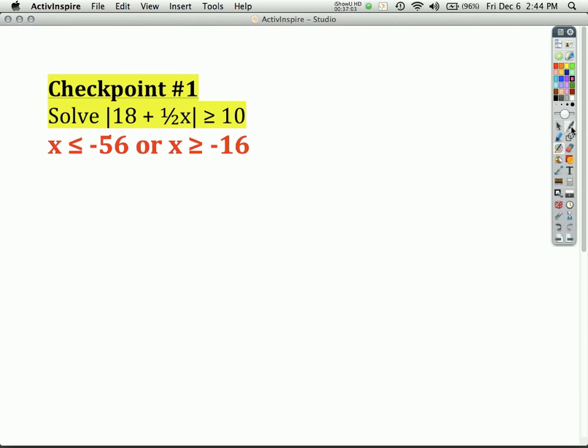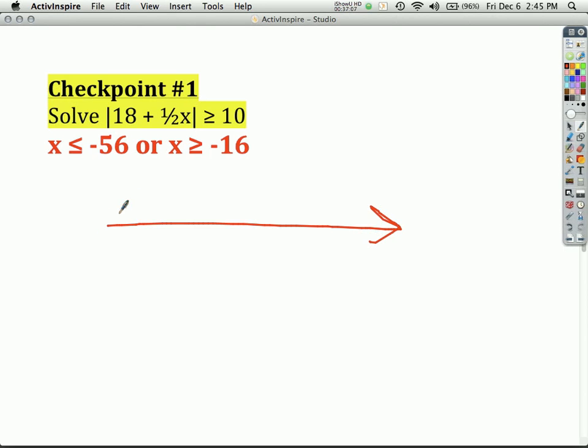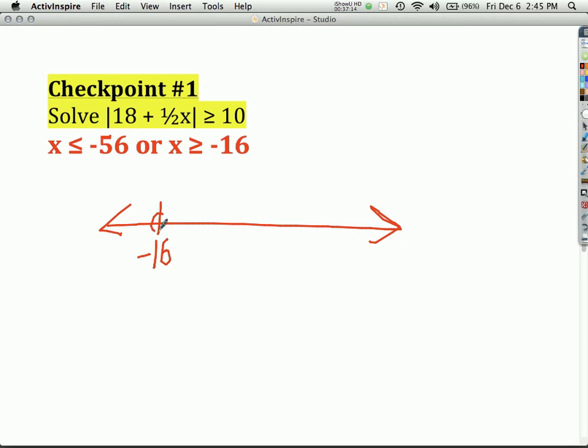You said x is greater than or equal to negative 16, which is shaded this way. And then you said x is less than or equal to 56, and 56 would be all the way over here, which would go that way.